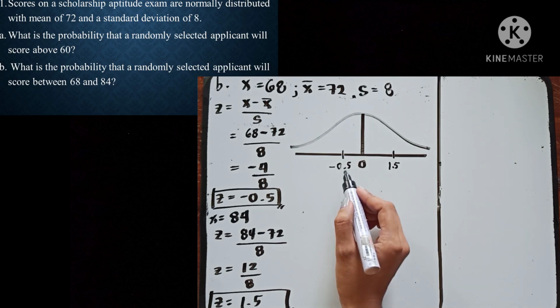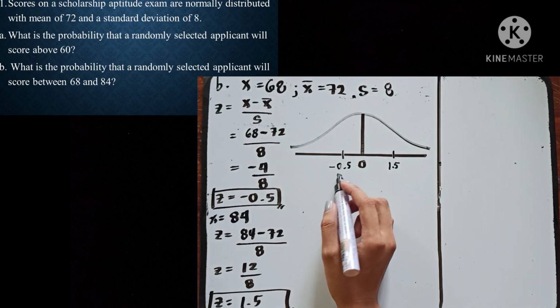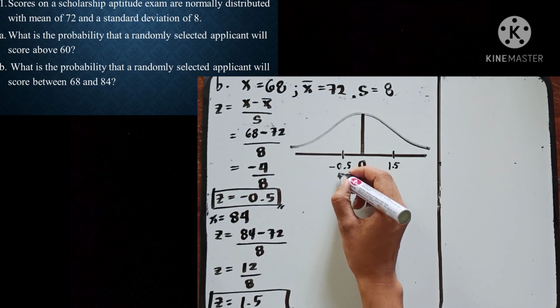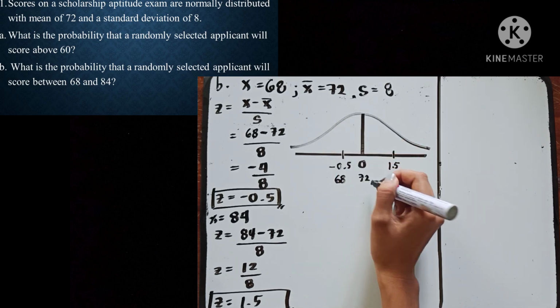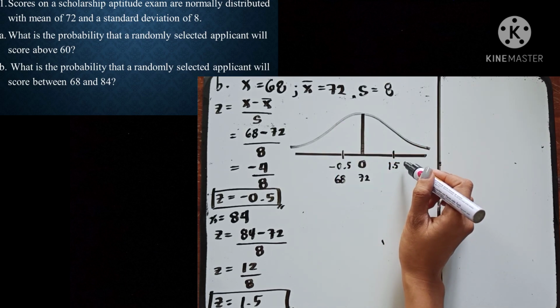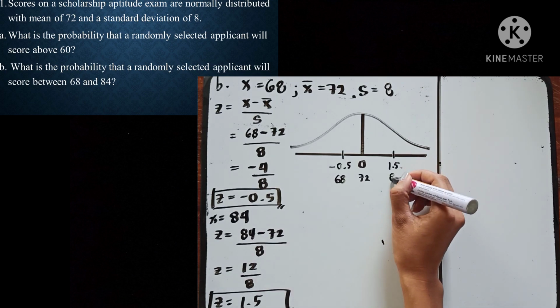So, next, itong negative 0.5, ang katumbas nito sa ating raw score is 68. Itong 0, ang katumbas niya ay 72. Itong 1.5, ang katumbas pagdating sa raw score is yung value ni x which is 84.